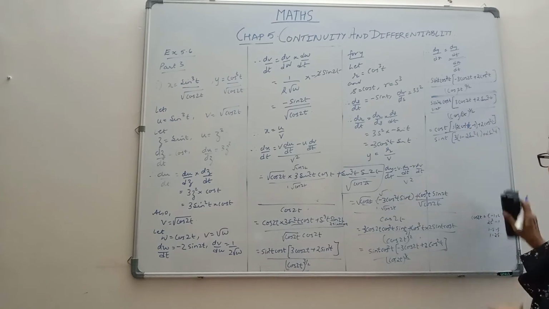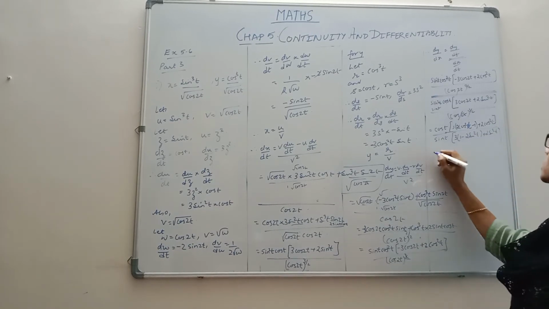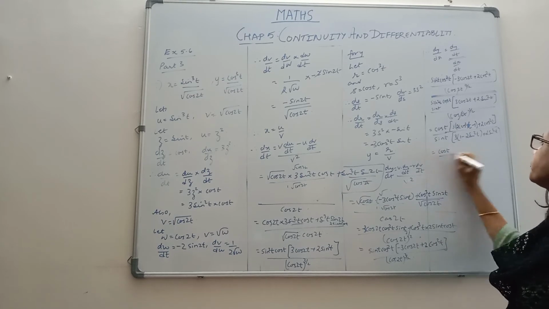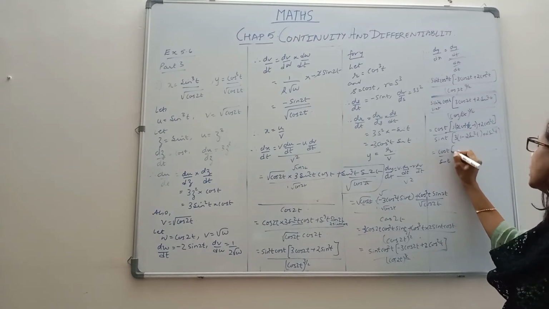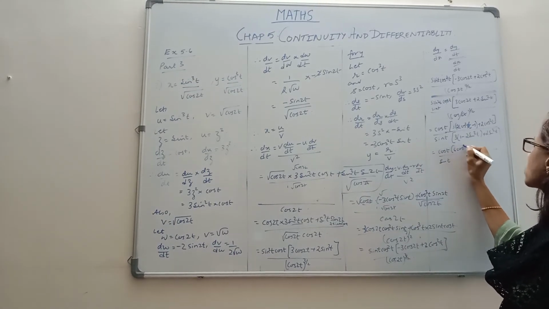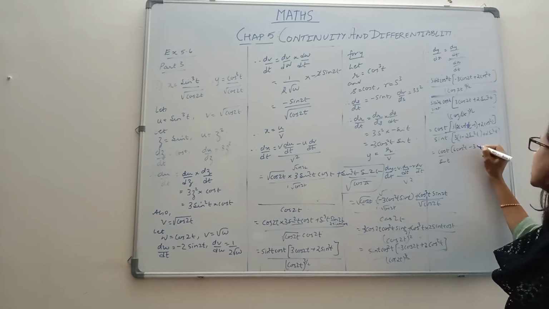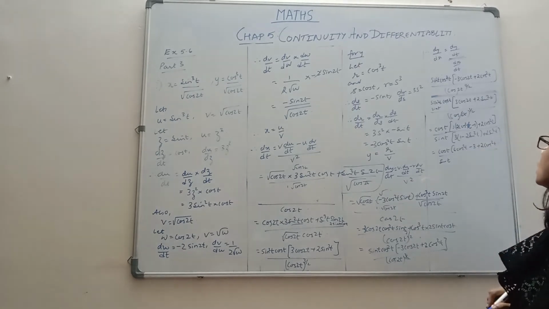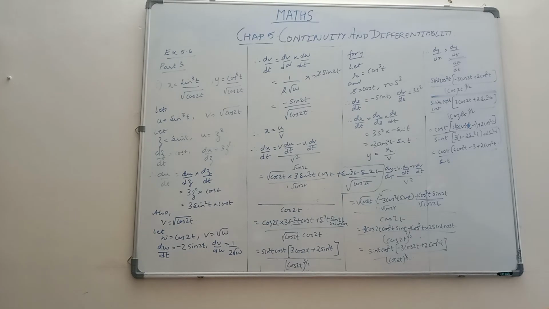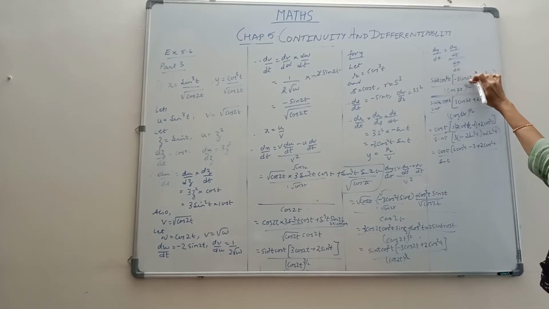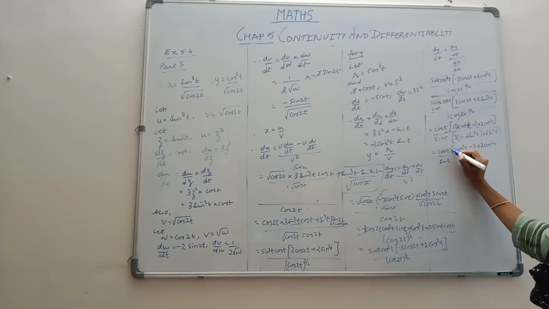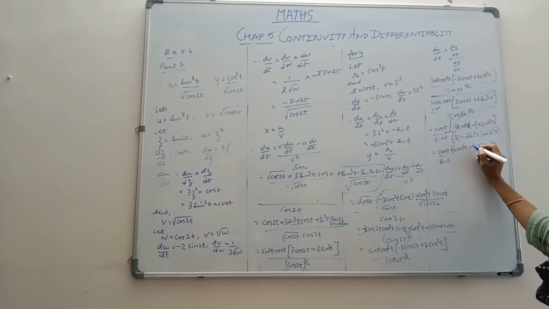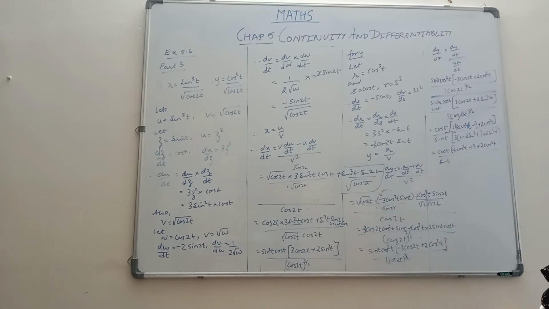Let's expand this and see what's coming. So this is cos t by sin t. This is 6 cos squared t minus 3 plus, where is this minus? Yes, we have to account for that. This is minus, and then this will become plus.